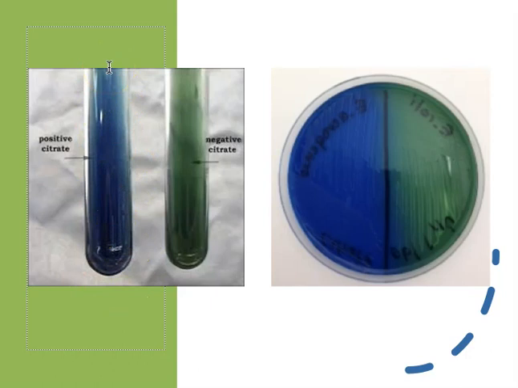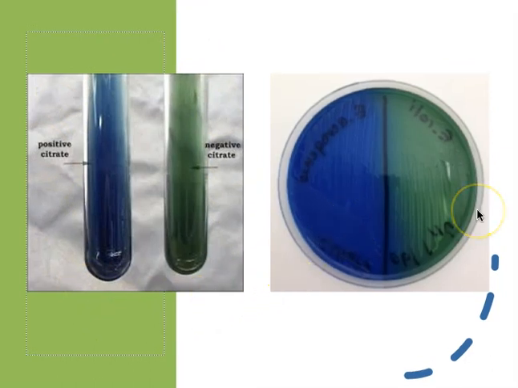Now, Simmons citrate agar doesn't have to be used as a slant. You can also just use it in an agar plate. This plate was inoculated with two different types of bacteria, E. coli on the right, and an organism called Enterobacter aerogenes on the left. Now remember, Simmons citrate agar is both selective and differential.